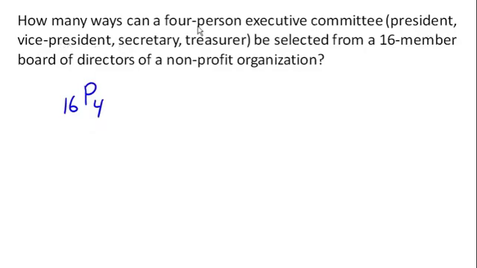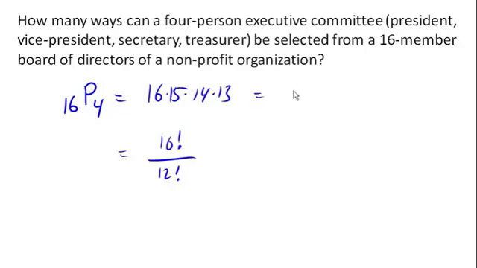So 16 people, we're picking 4 of them, order matters, 16P4. Now, again, we could either compute this as 16 times 15 times 14 times 13, or 16 factorial over 16 minus 4, or 12 factorial, or we could pull out our calculators. Either way, we're going to end up with 43,680 different executive committees.